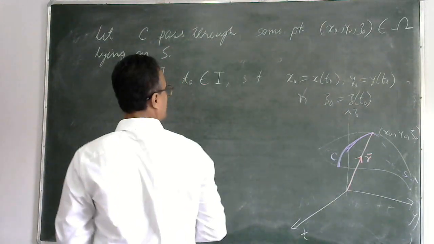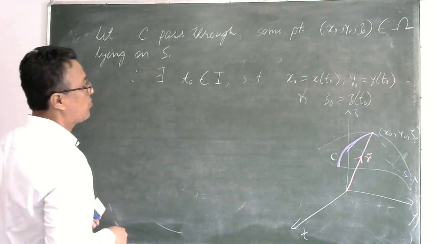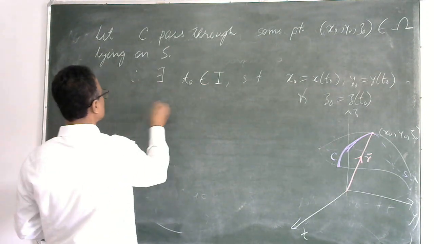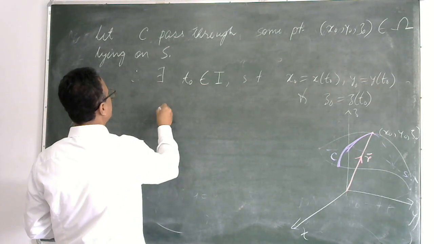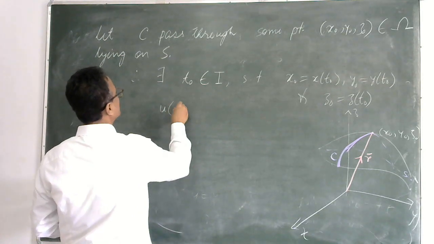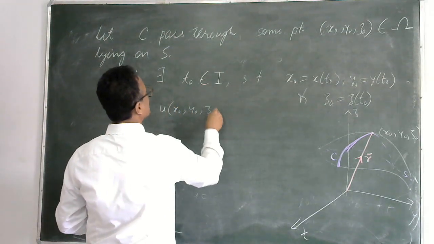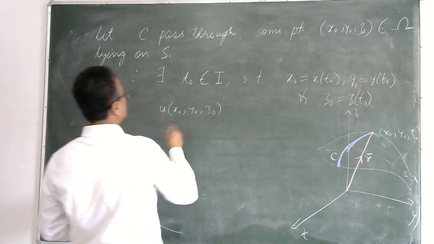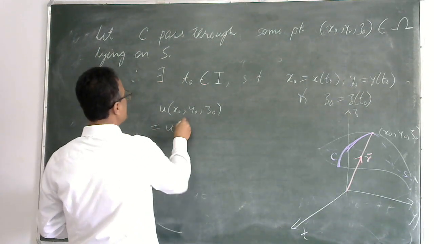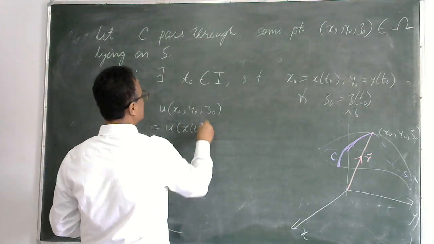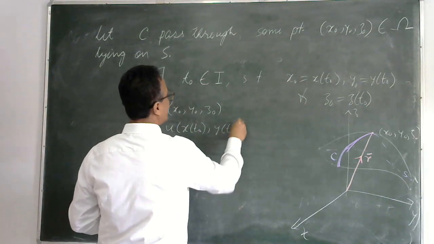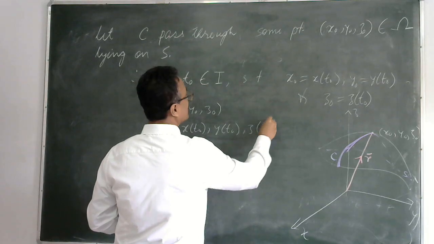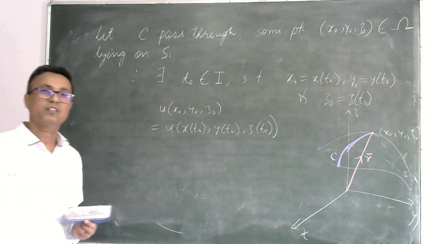So then what we must have is u at x naught, y naught, z naught, which is simply u at x of t naught, y of t naught and z of t naught, isn't it?